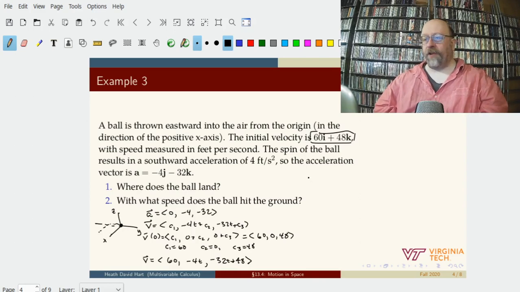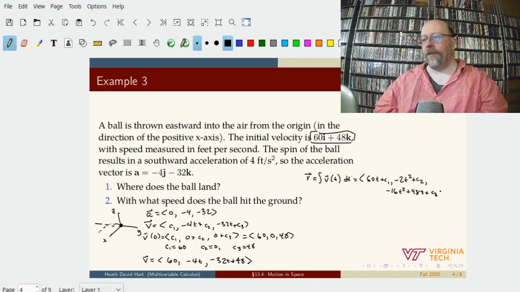So now let's get the position vector. The position vector is the integral of the velocity vector. And so the integral of that will be 60t plus c1, negative 2t squared plus c2, negative 16t squared plus 48t plus c3. And because the ball started at the origin, r0 is equal to 0, 0, 0.